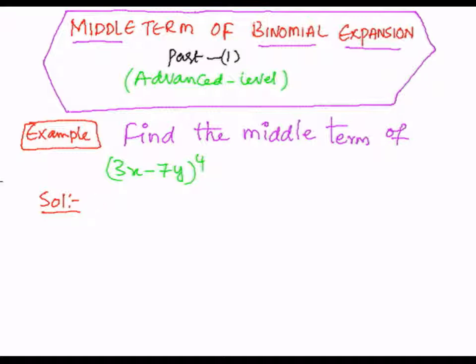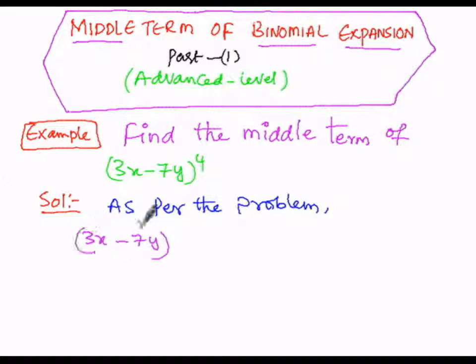As per the problem, the binomial which is given to us is (3x minus 7y) whole to the power of 4. So we are going to consider the n value. So n is equal to 4.